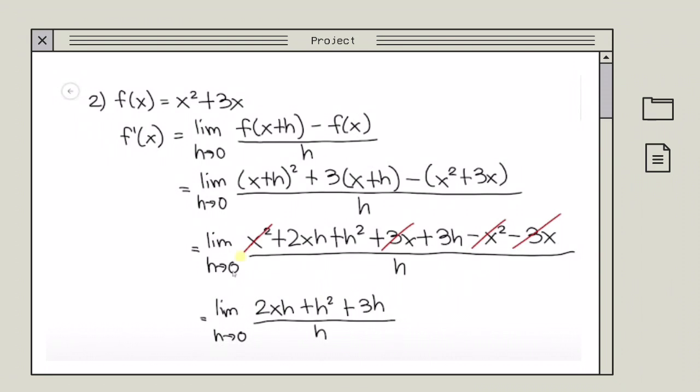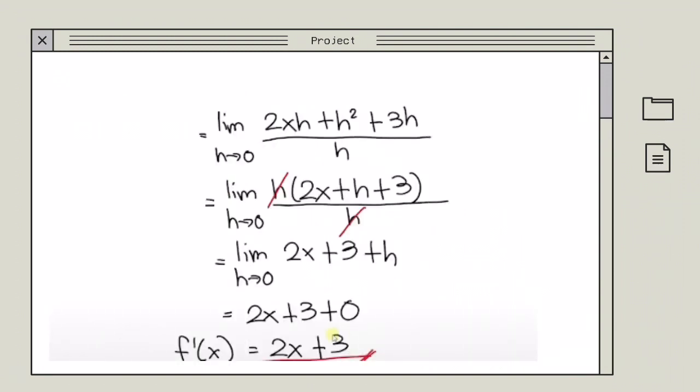So, ang mangyayari sa kanya is h times 2x plus h plus 3, since magka-cancel na tayo ng h all over h as h approaches 0. So, after nyan, we can cancel also h pa. So, ang mangyayari na lang sa kanya is the limit of 2x plus 3 plus h as h approaches 0.